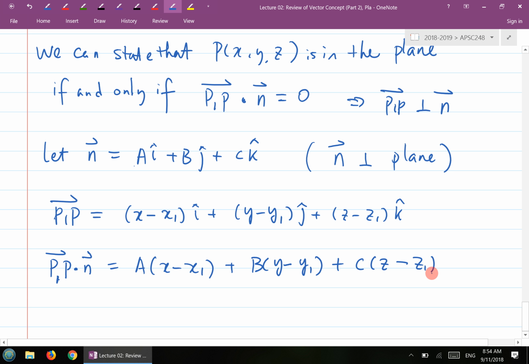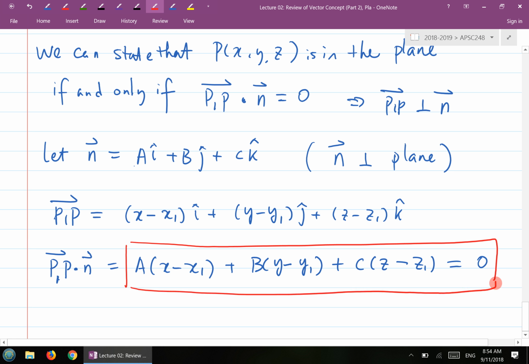Okay, that's the dot product, and this needs to be 0, right? This needs to be 0. So this expression in here, okay, is the plane equation in 3D space. In 3D space.